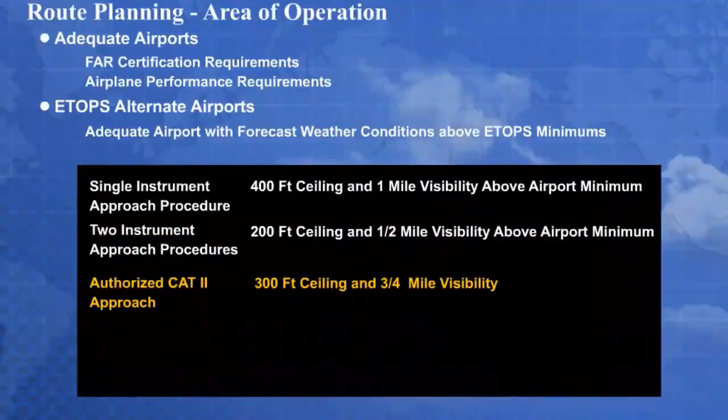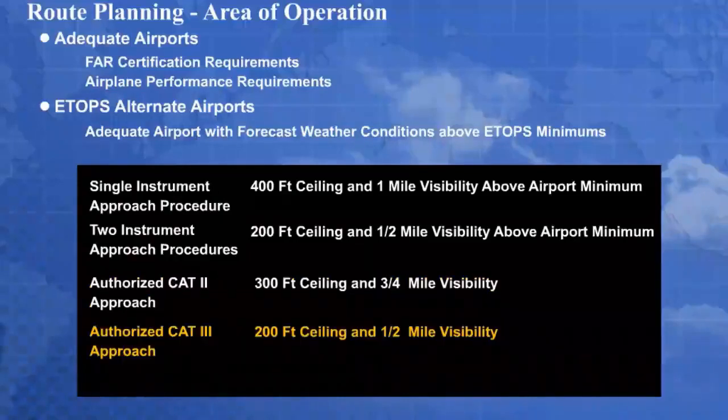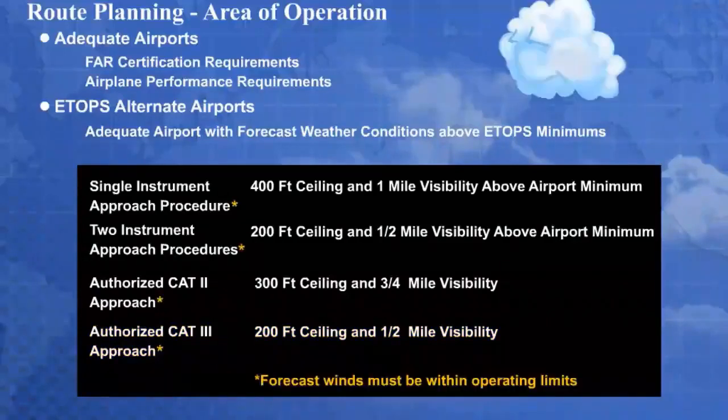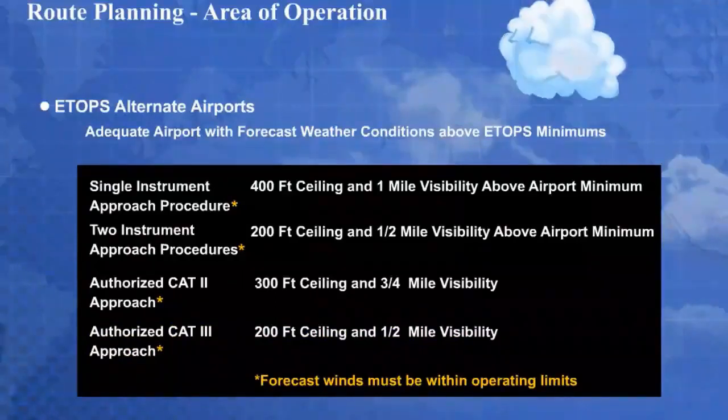If an authorized Category 2 instrument approach procedure is available, the ETOPS requirement is a 300-foot ceiling with 3/4 of a mile visibility. Or for an authorized Category 3 instrument approach procedure, the ETOPS requirement is a 200-foot ceiling with 1/2 mile visibility. Forecast winds must also be within operating limits for an adequate airport to be used as an ETOPS alternate airport.